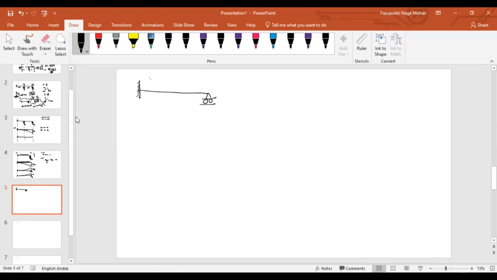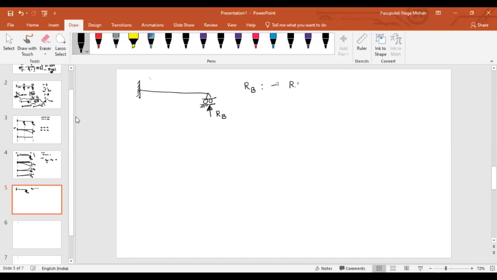If you are using the force method, our target is to find out RB, right? Let us say you somehow found RB. What is our next step?